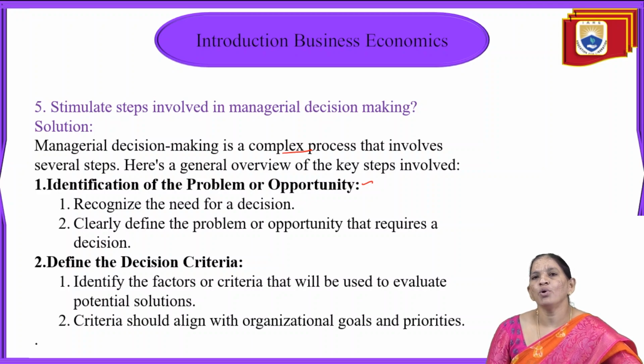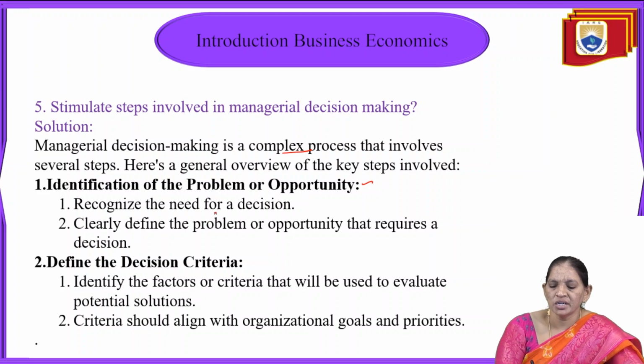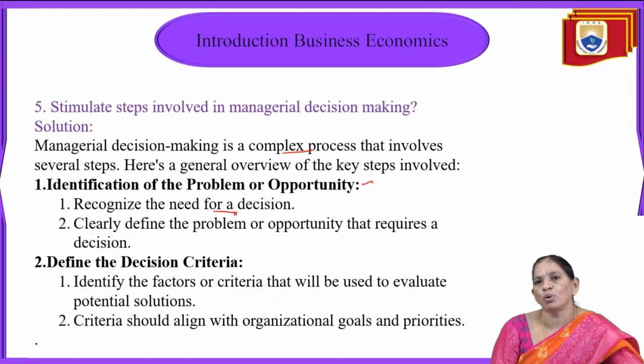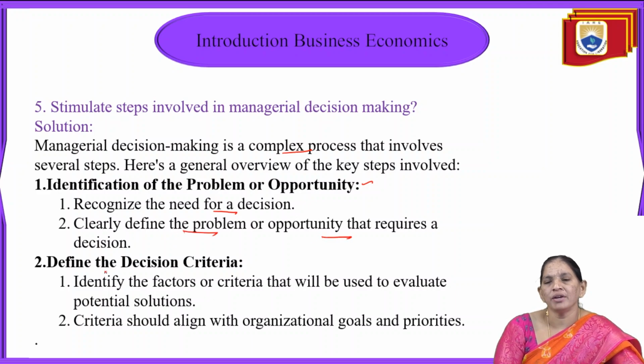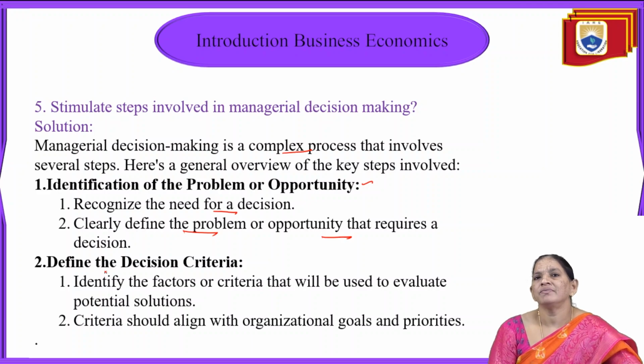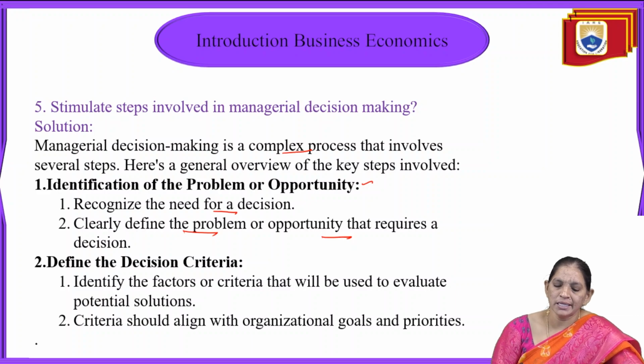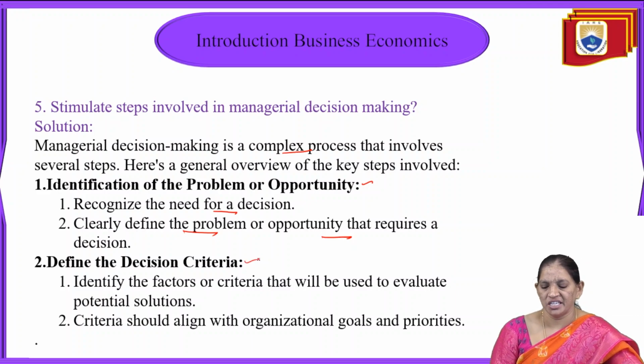When I want to take a decision, what is the problem, or what are the opportunities I have? First, recognize the need, then clearly define the problem and opportunity required for the decision. So first, what is the need for the decision and what are the opportunities or problems related to that decision. The second step is decision criteria.